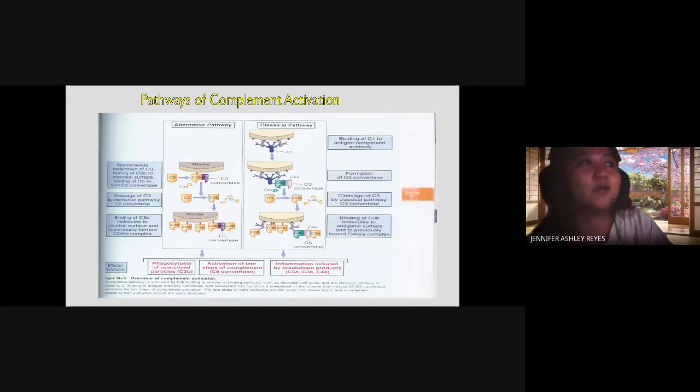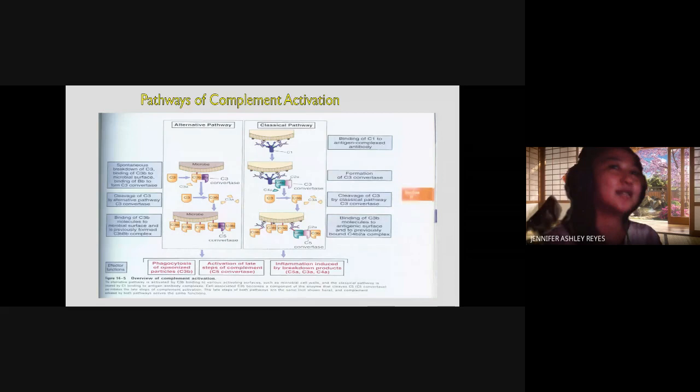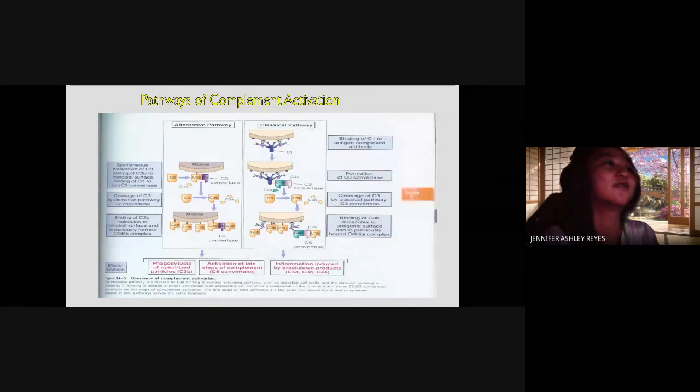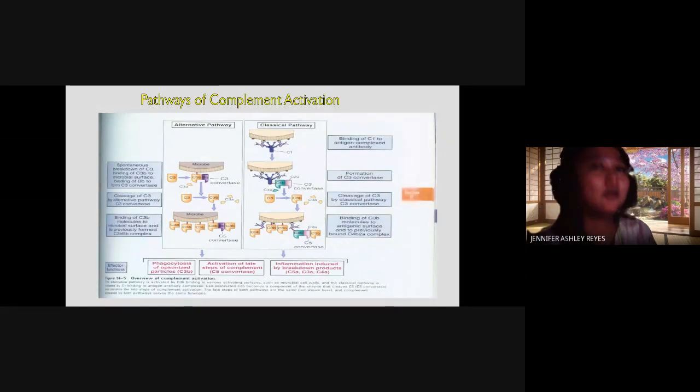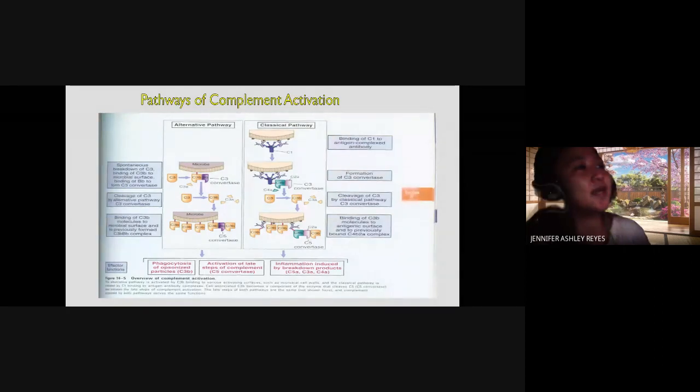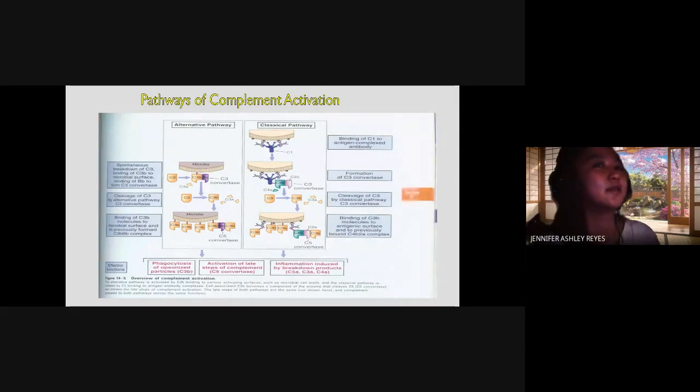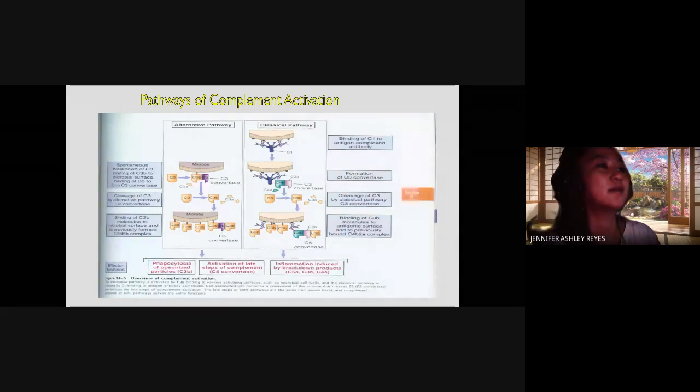Okay? So, ibig sabihin, kung C3 convertase pa lang siya, ibabind niya pa further si C3 ulit. So, magiging C3b, Bb, C3b. So, yun na yung C5 convertase. So, kung sa classical pathway, ang C5 convertase is C4b2a3b. Sa alternative, C3b, Bb, C3b. Pero ang end part, same pa din.